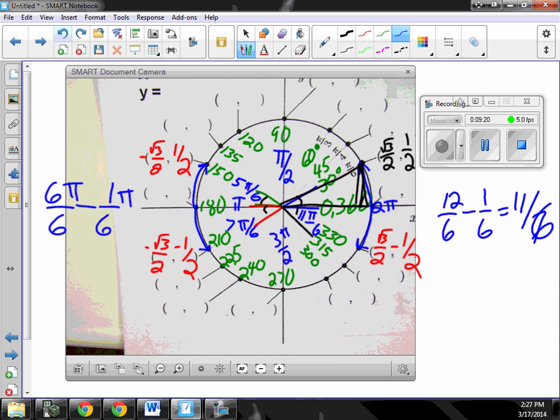Okay, let's go up to 45 degrees. So 45 degrees, what are the side lengths? They're both root 2 over 2. So the x is root 2 over 2 and the y is root 2 over 2. In quadrant 2, 135 degrees, negative root 2 over 2, comma root 2 over 2.